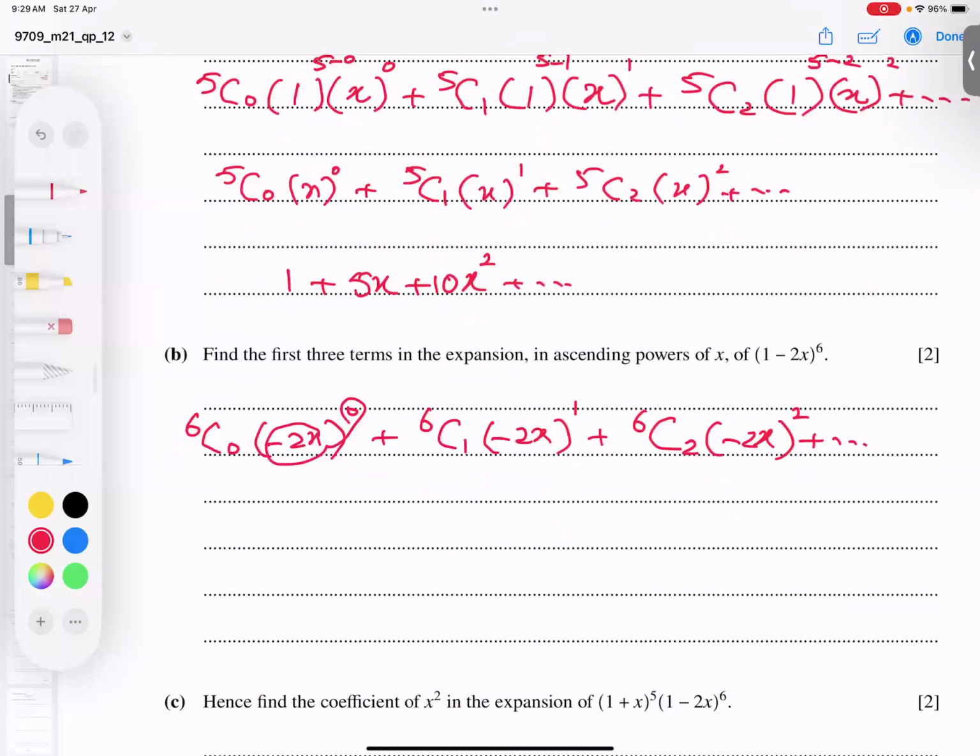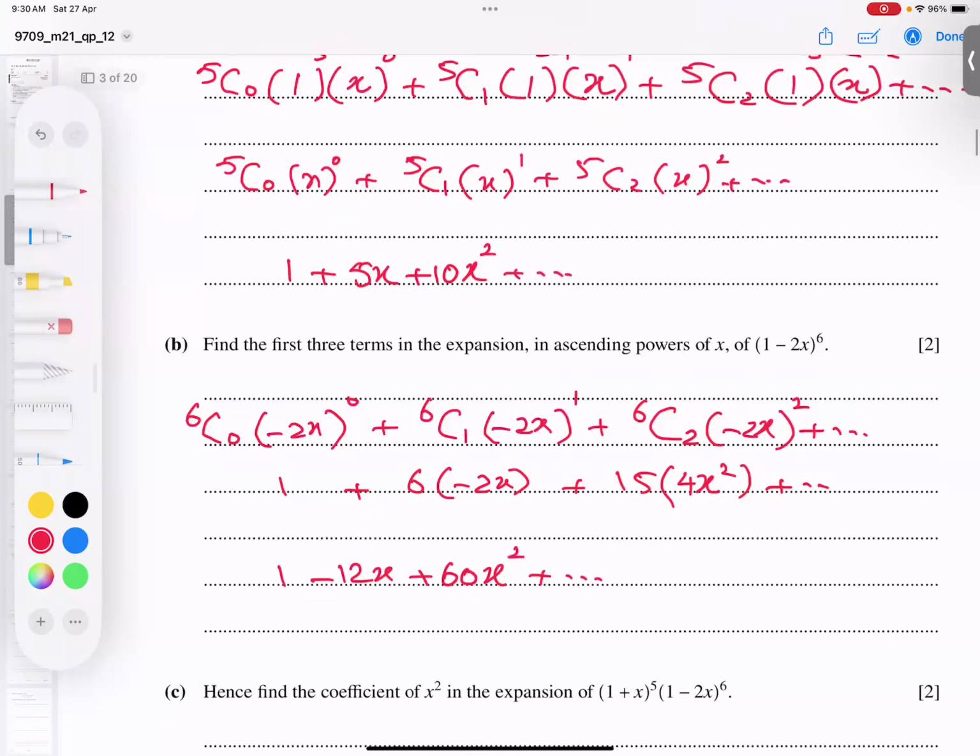Even the negative number also will become 1. 6C1 is 6 into negative 2x. 6C2 is 15, and here the square of negative 2 gives you positive 4. Don't write negative 4. So 1, negative 12x, and 15 times 4 is 60, so 60x to power 2. I hope you got the point.